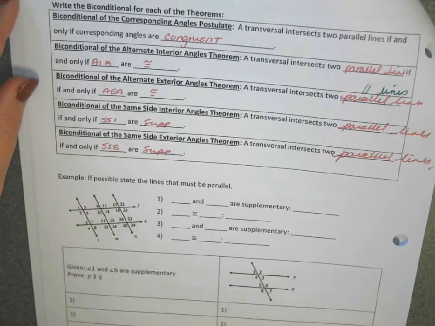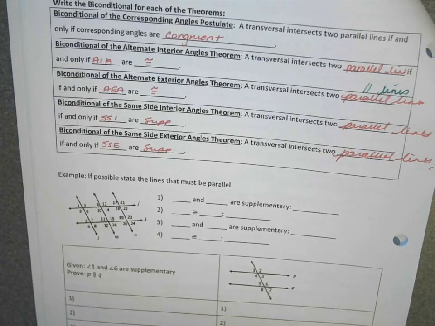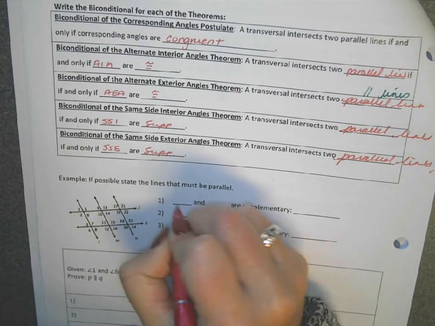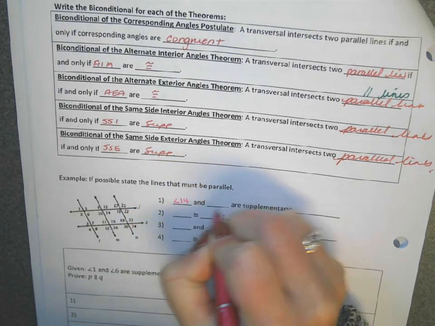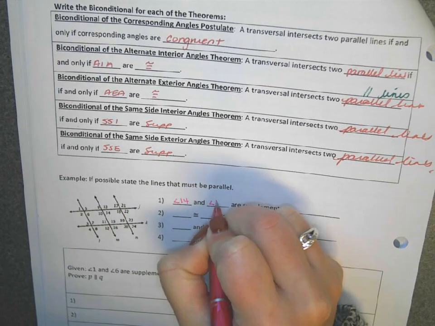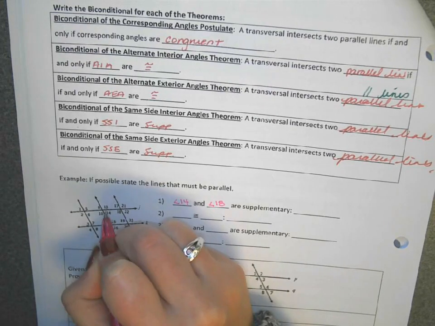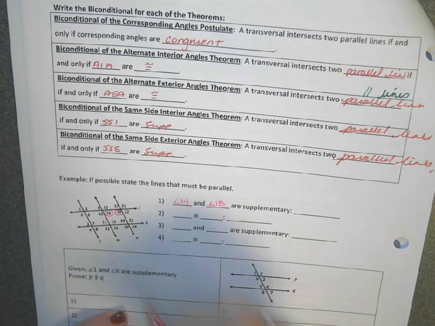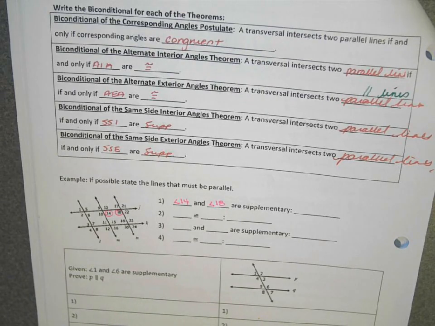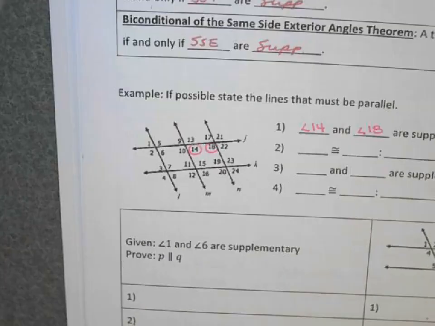Okay, so let's say I give you angle 14 and angle 18 are supplementary. Let's look at 14 and 18. Okay. Now, I'm going to zoom in on this. 14 and 18.